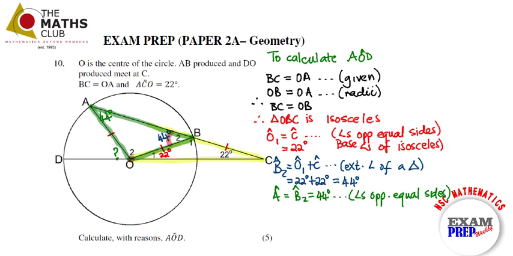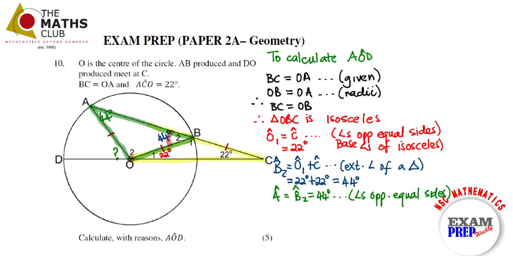This looks, AOD is external or is exterior to triangle AOB. However, it is not an exterior angle of that triangle, because for it to be an exterior angle of that triangle, it must be formed by the extension of one of the sides of AOB, and we don't have that.